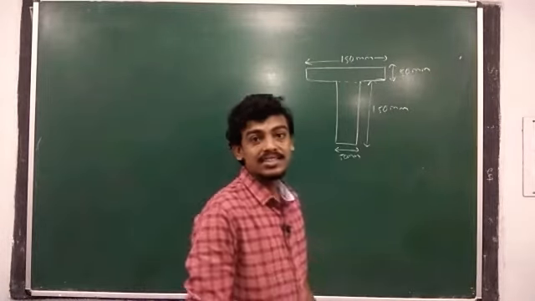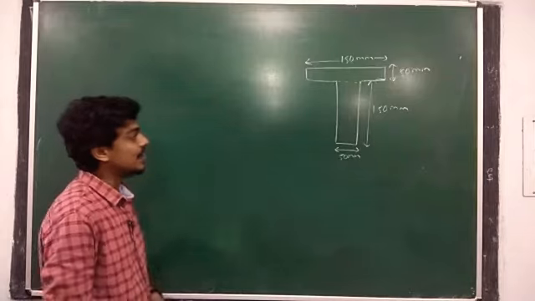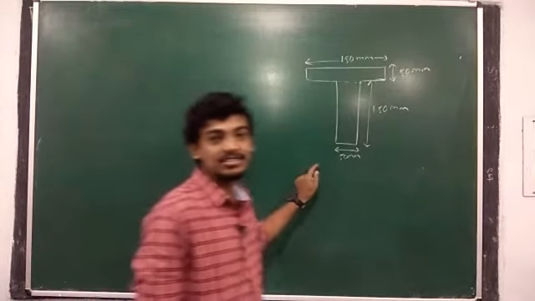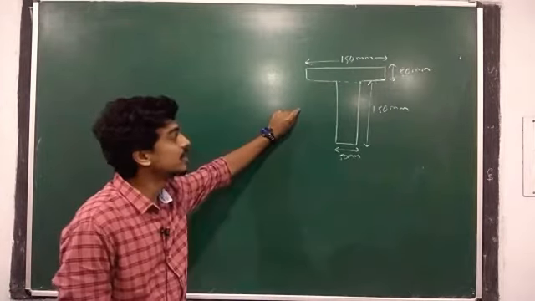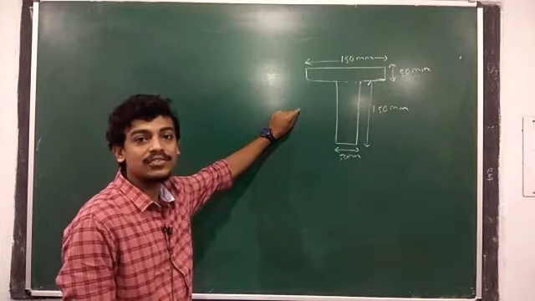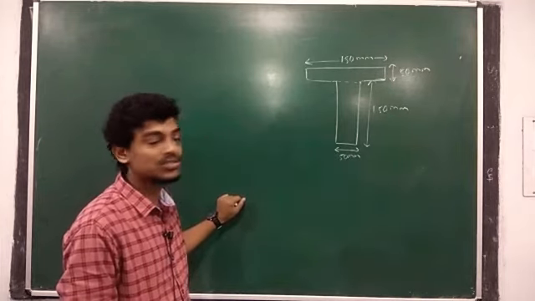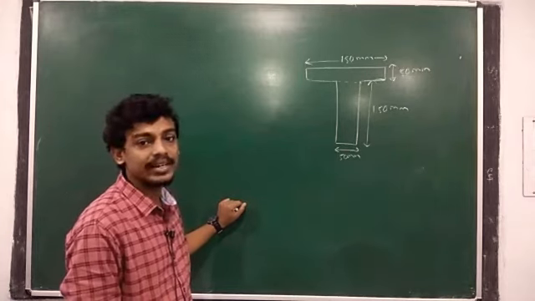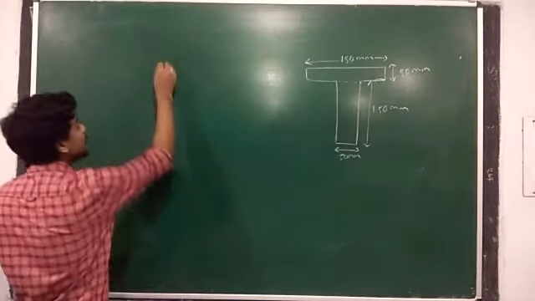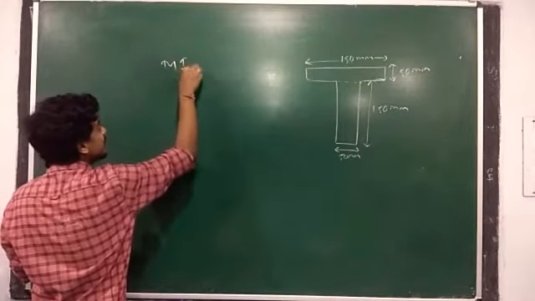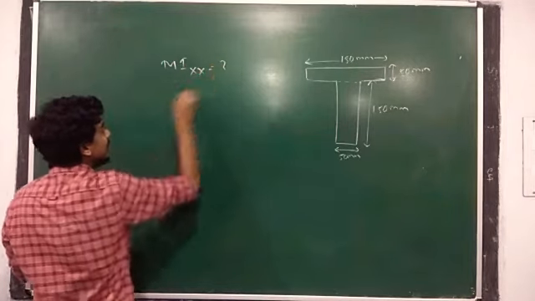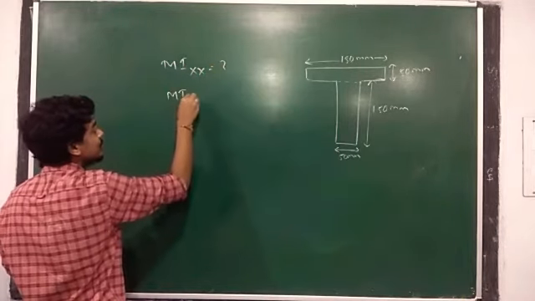In the previous class in structural mechanics, I gave this T-section problem to calculate the moment of inertia about the x-axis and y-axis through its center of gravity.